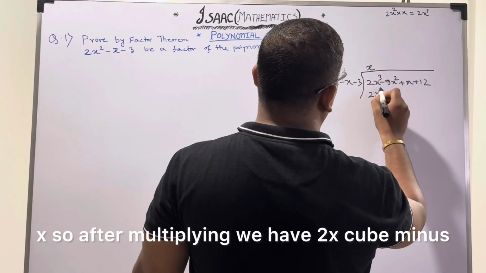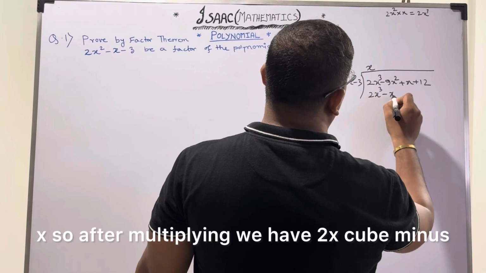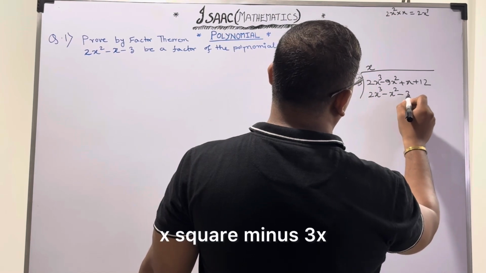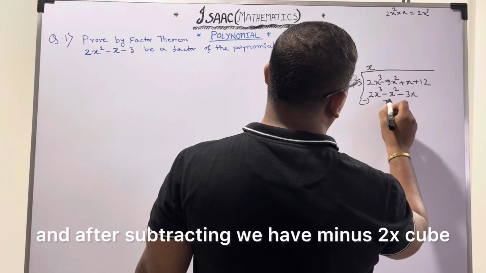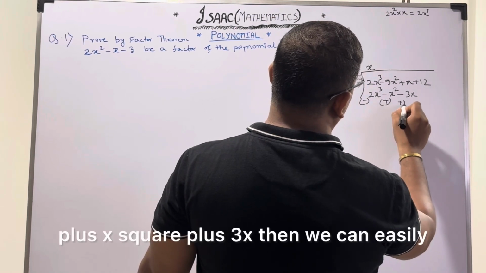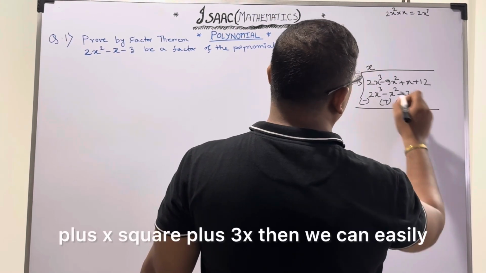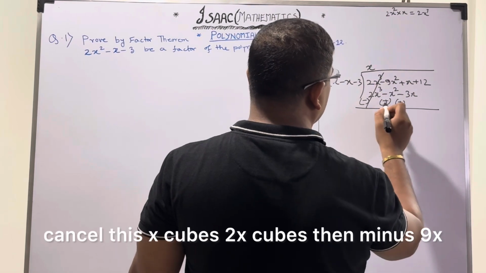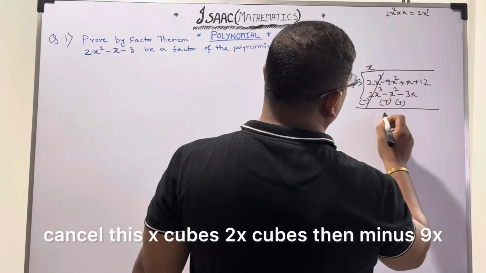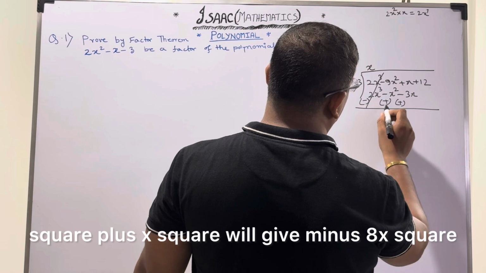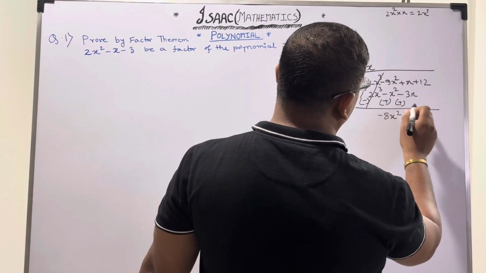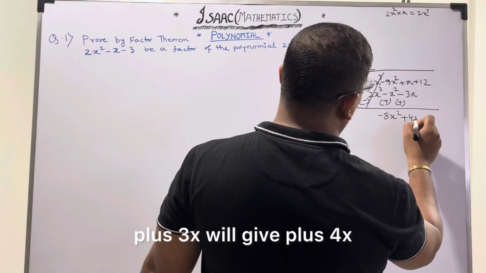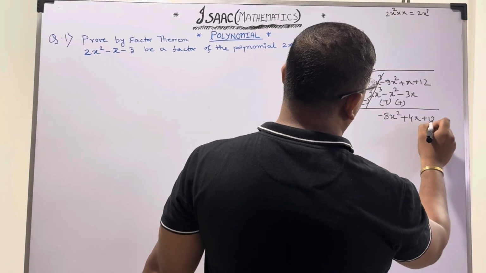After multiplying we have 2x cube minus x square minus 3x, and after subtracting we have minus 2x cube plus x square plus 3x. Then we cancel the 2x cubes, and minus 9x square plus x square gives minus 8x square, plus x plus 3x gives plus 4x, and then plus 12.